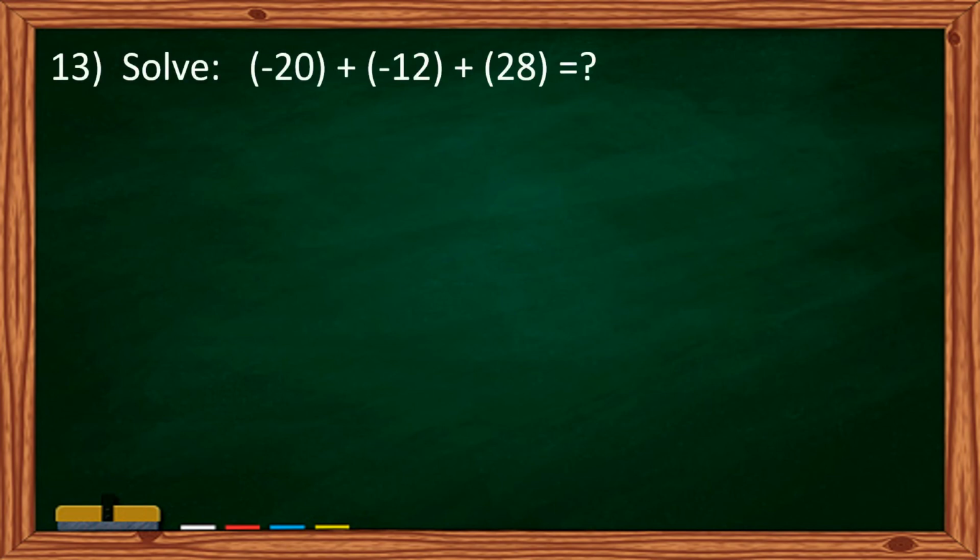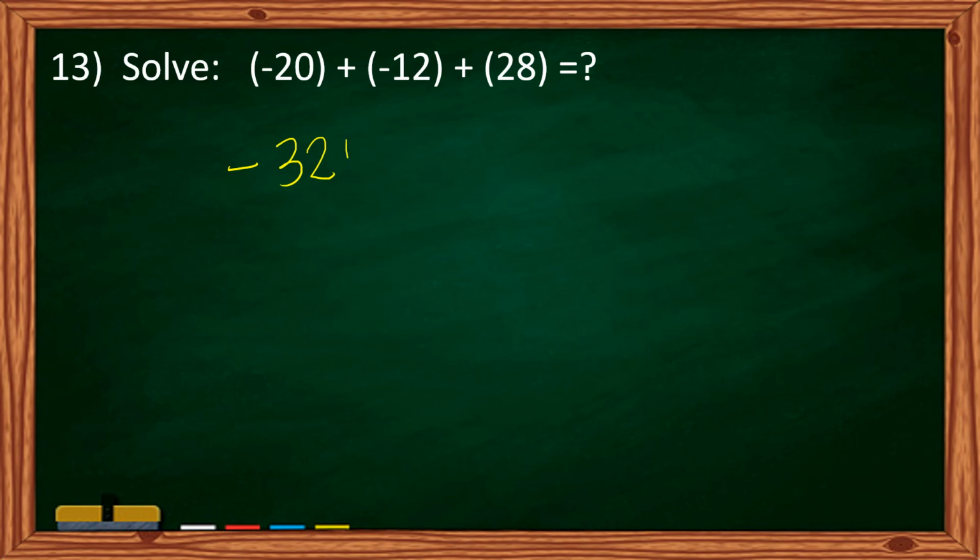Okay, number 13 is an integer problem again. So since negative 20 and negative 12 are both negative, we are going to add the two numbers and then copy the common sign. 20 plus 12 is 32, diba? So 32. But since they are both negative, just copy the common sign, negative 32.